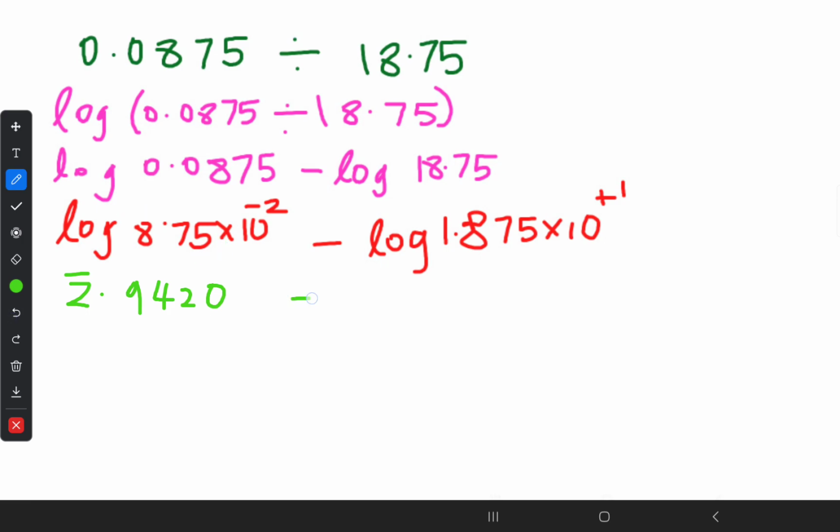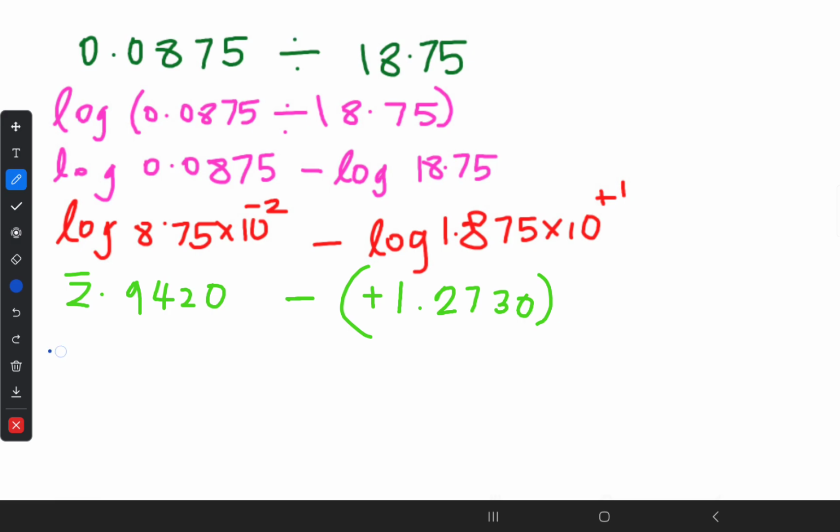Similarly, here you have a subtraction, so you can keep that one, and thereafter this power is positive 1.1875. We found it as 2730. So we need to do the operation between whole numbers separately and decimal numbers separately.